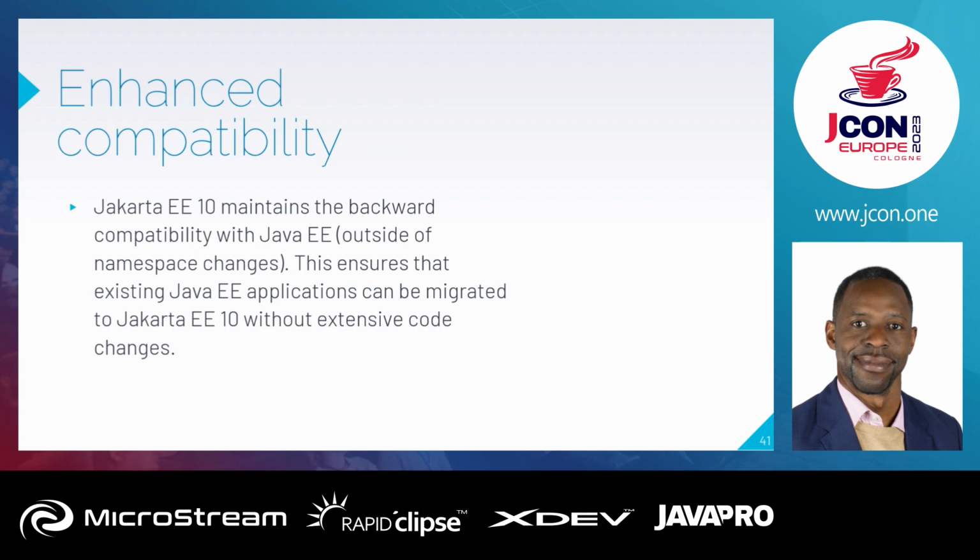So we took the exact same code and moved it to the latest version. We deployed it on the application server, and we couldn't figure out why we were getting some exception on JPA.